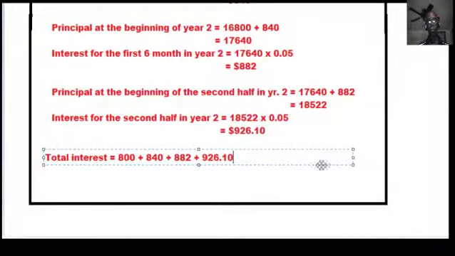Total interest at the end of the 2 years equals $800 plus $840 plus $882 plus $926.10.